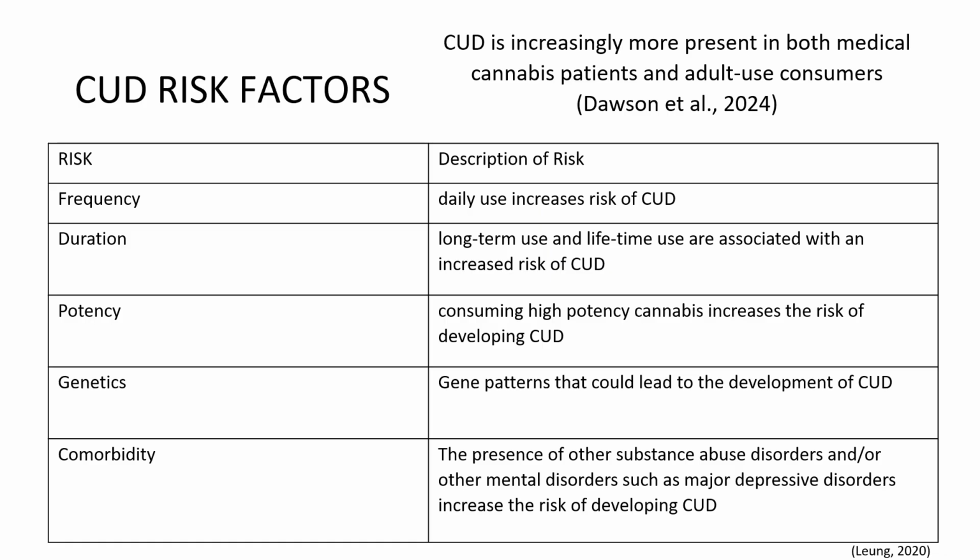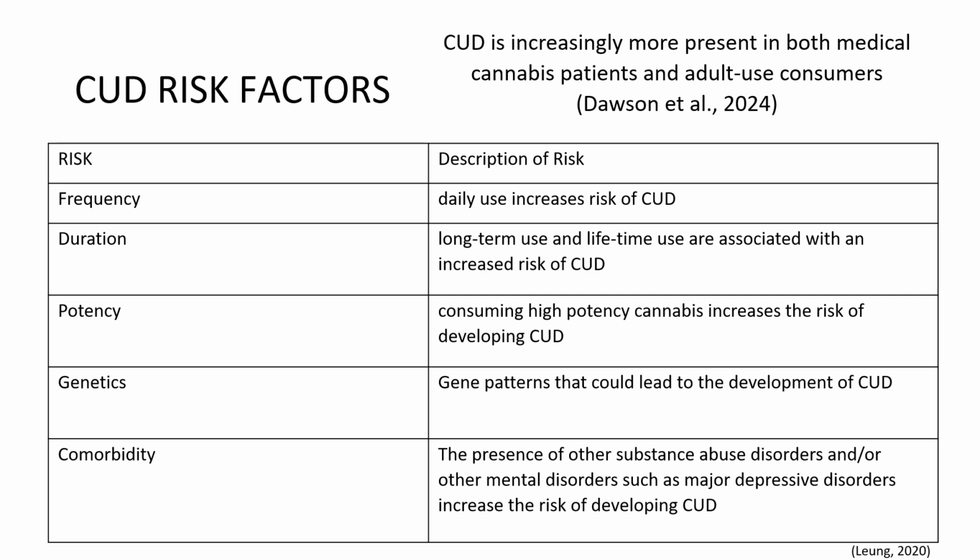And let's go over some risk factors of CUD. Frequency. Daily use increases risk of CUD. Duration. Long-term use and lifetime use are associated with an increased risk of cannabinoid use disorder. Potency. Consuming high-potency cannabis increases the risk of developing CUD.